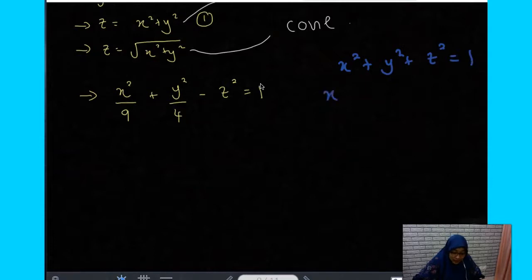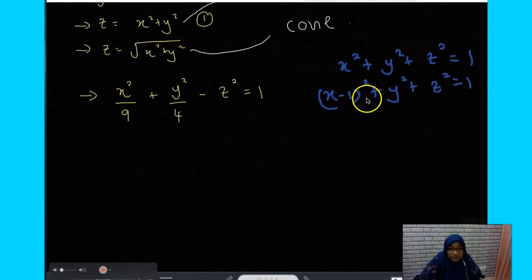But if we have x minus 1 squared plus y squared plus z squared equal to 1, this particular sphere is shifted 1 unit along x, right? So now look here. If there is no x minus a squared, it is not shifted, so we can set x equal to 0 for the traces.